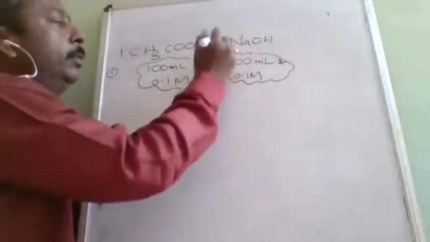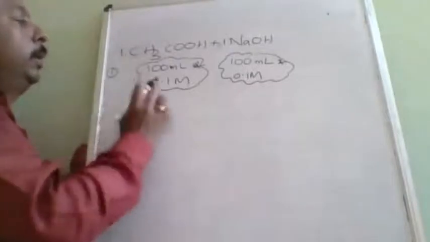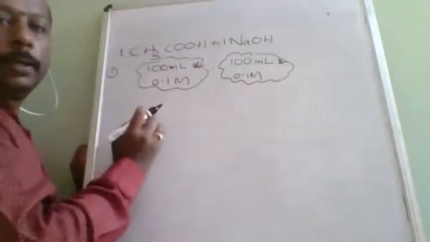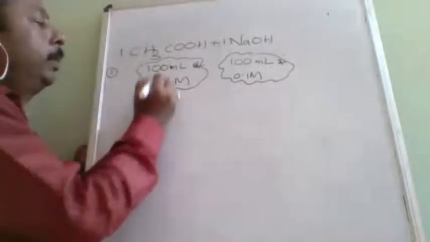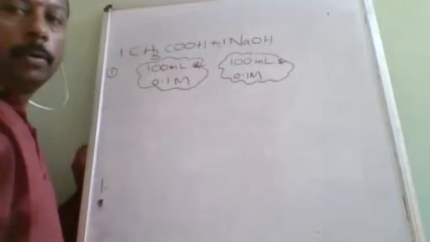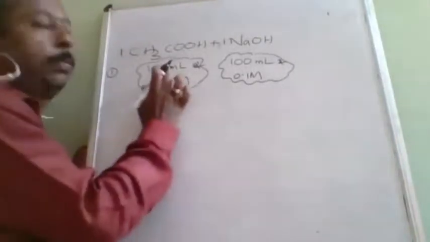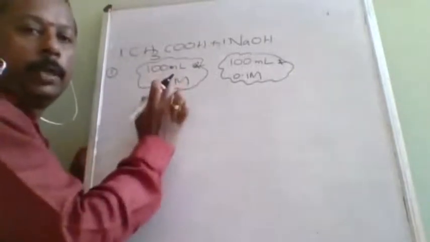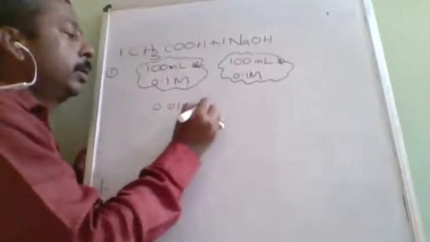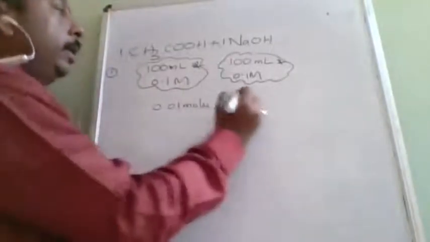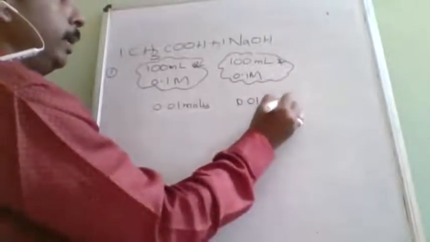Molarity into volume gives moles, but since 100 ml is given, we need to convert into liters. So 0.1 into 0.1 gives 0.01 moles of acid, and similarly 0.01 moles of base.